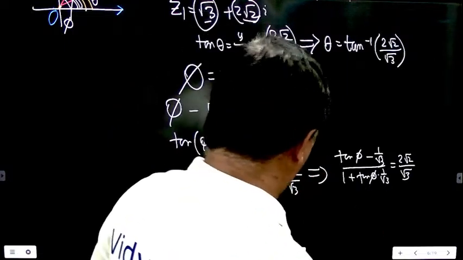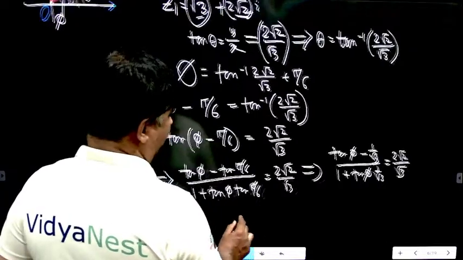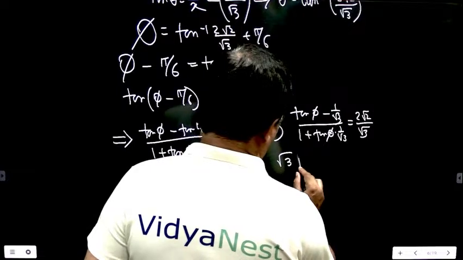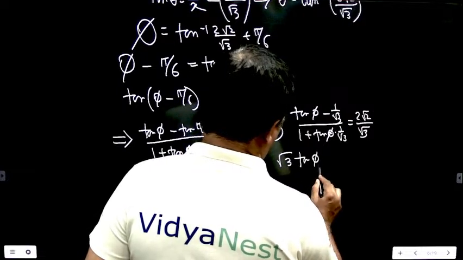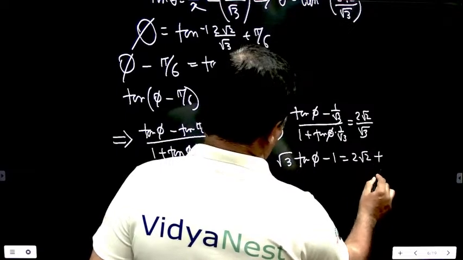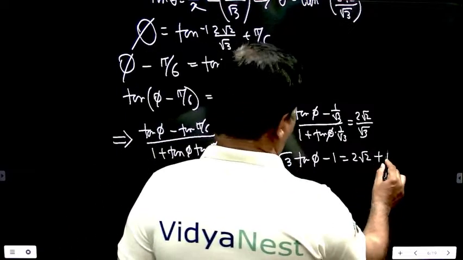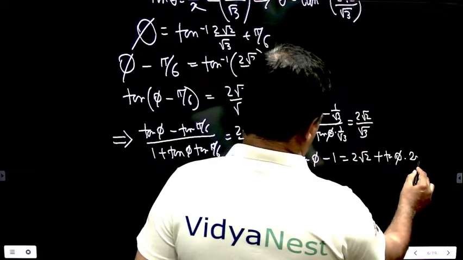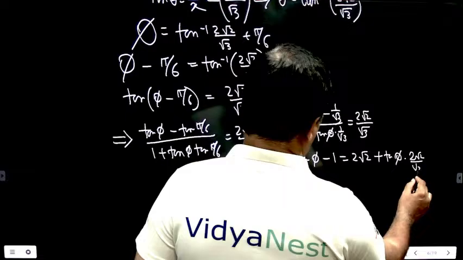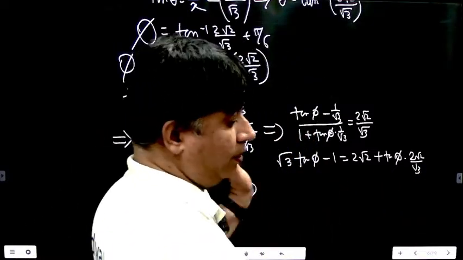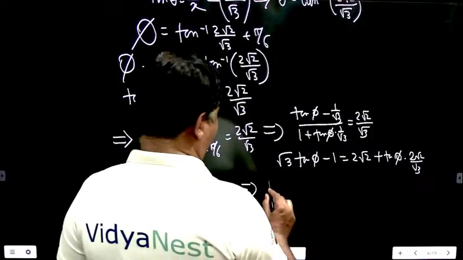Understand? So cross multiply, we have no other option. Root 3 tan phi minus 1, 2 root 2 plus tan phi into 2 root 2 by root 3. Bring all the tan phi on one side and all the terms without phi on the other side.